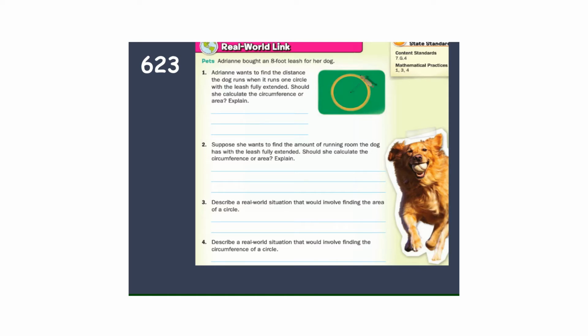Number 3, describe a real world situation that would involve finding the area of a circle. I would think if you're going to paint something that's in a circle, that would be area. And number 4, describe a real world situation that would involve finding the circumference of the circle.